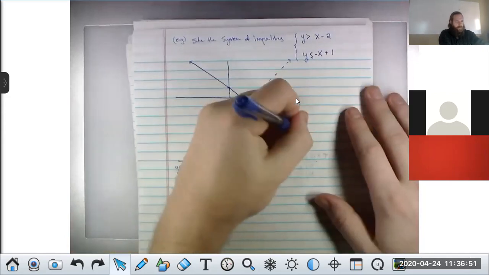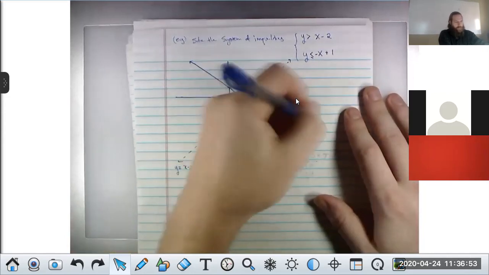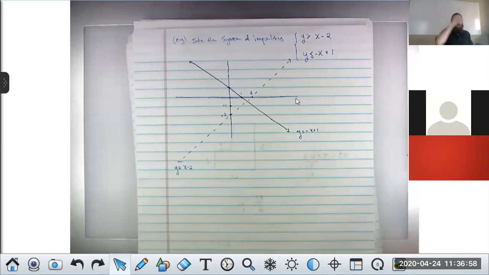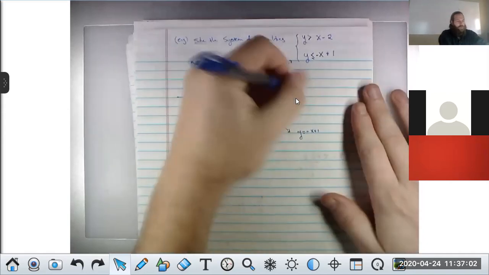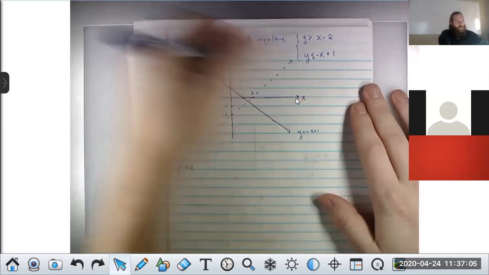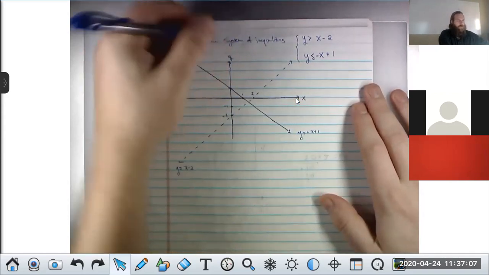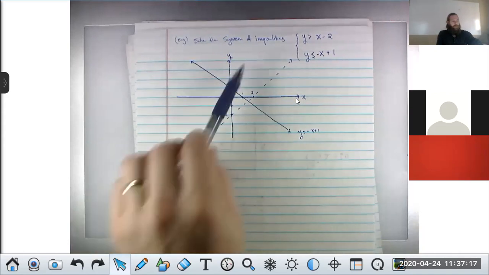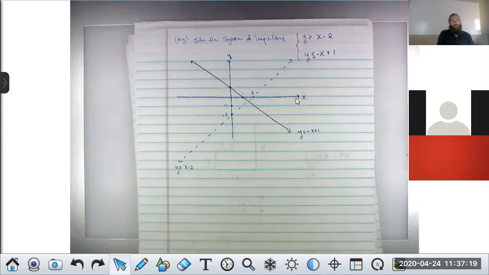And this is the graph of the equation y equals negative x plus 1. And what you see is that this divides the plane up into 4 regions now. Each line chops into 2. That's the x-axis, this is the y-axis. So I've got 2 choices as to how to proceed. I could label each of these regions like 1, 2, 3, and 4, and I could test a point from each of those. Or I can use the above-below logic.